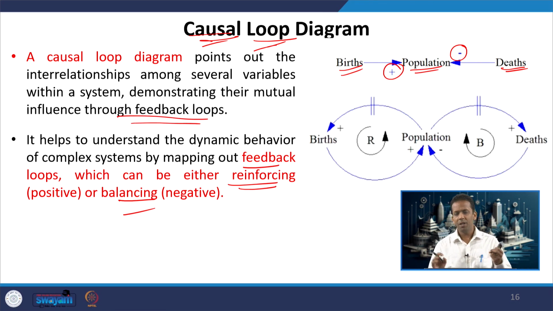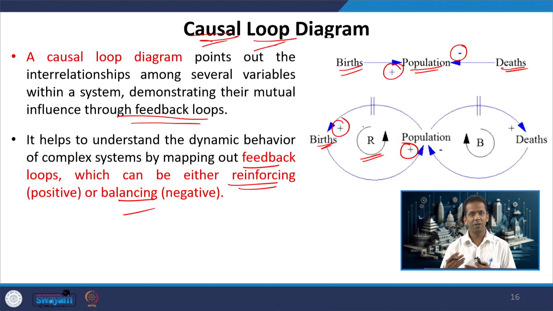So, we can represent them in the form of a loop. If there are more birds, population will increase, and if there is more population, what will happen to the number of birds? They will increase. So, that is what you see, birds increasing population, population increasing birds. So, positive, positive, the loop is a reinforcing type of loop.